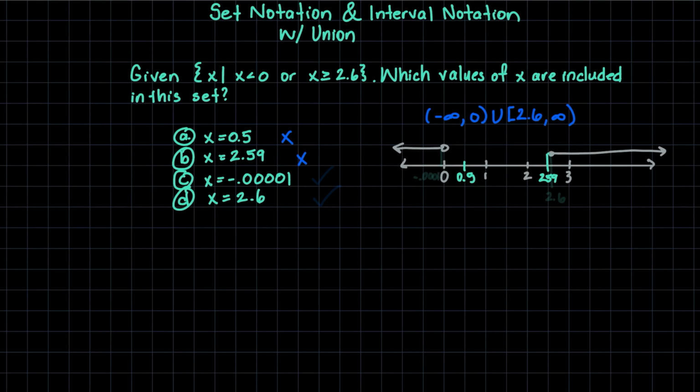Negative 0.00001 is right on the other side of 0. But again, I've already told you, you should start seeing this as all the negative numbers. So this is definitely in our set. And then 2.6, which is our boundary, which is included, is definitely in our set. So now you can start to see how you gauge whether or not a number is in a set or not in a set.